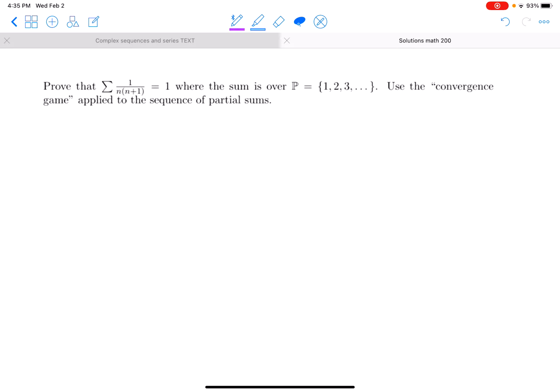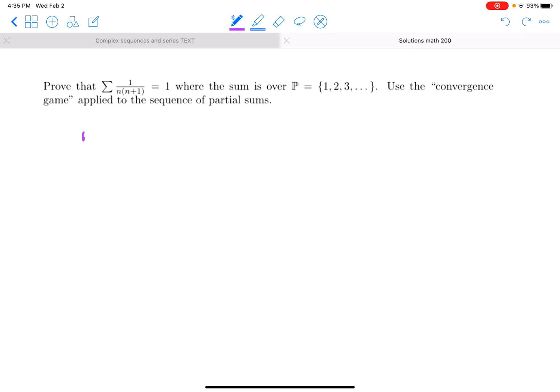Okay, so prove that this infinite sum, this is an infinite sum over all the infinitely many positive integers, prove that it's 1. Okay, well, what is the definition of this? Well, it is the limiting value of the sequence of partial sums if it converges.